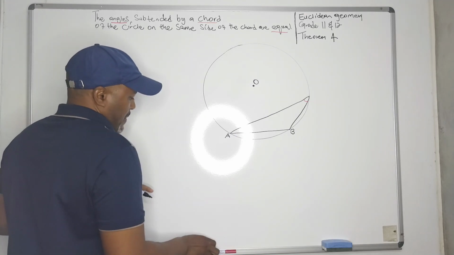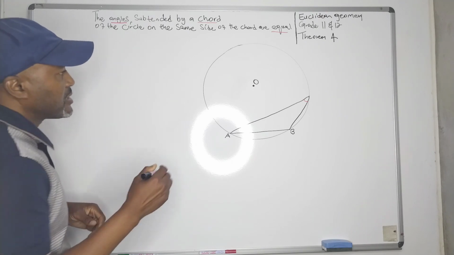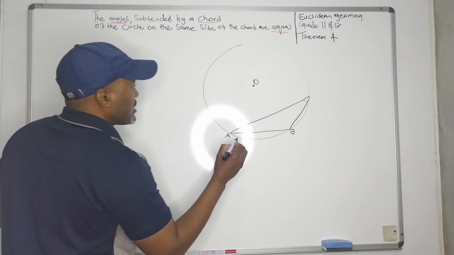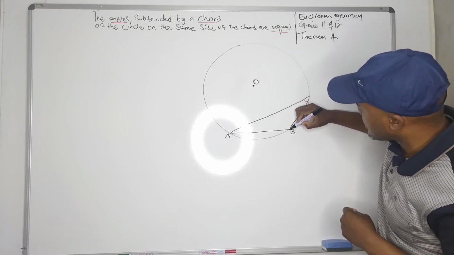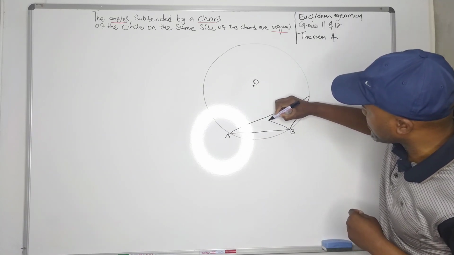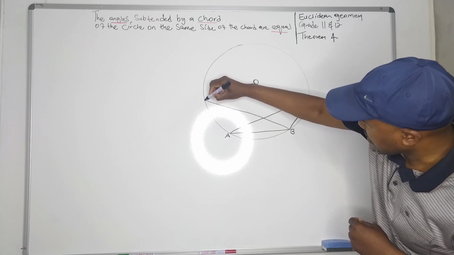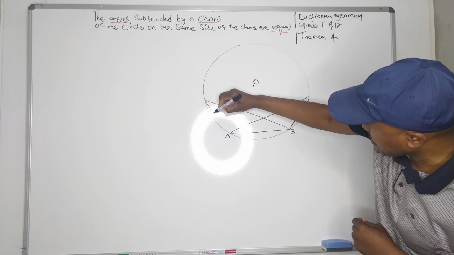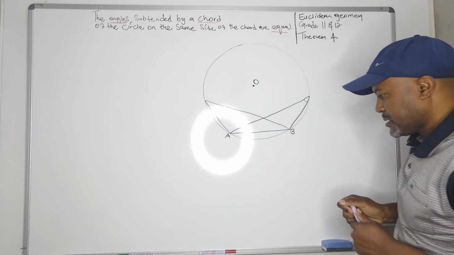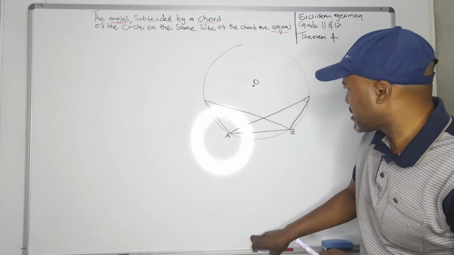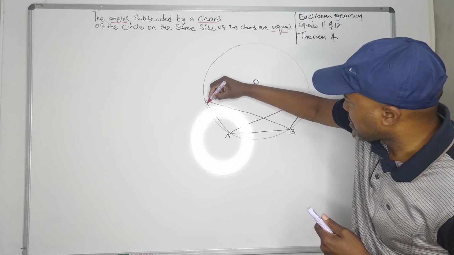Since they said the angles, it means we can draw another angle from the same chord, subtending it here. In this case we are referring to this angle.